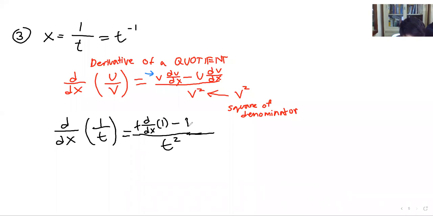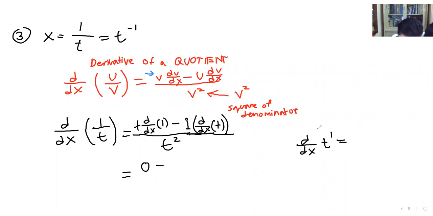1 times d dx of t. So again, the derivative of constants is always zero, so it will be 0 minus whatever this is. The derivative of t, d dx of t, is 1 times t to the zero power.